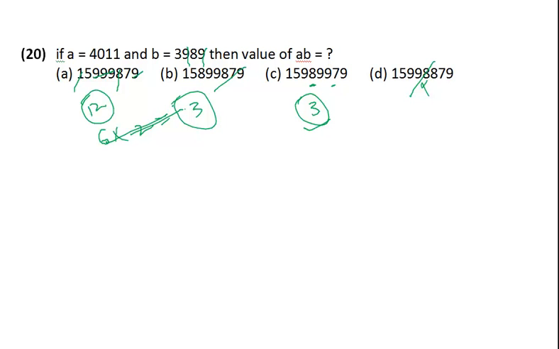And you can distinguish these two options from the third digit only. Right? So 4011, 3989. If you can get the third digit of this multiplication, then you can do it. For that, I have told you various times how to find out the last 3 digits of any product, right?